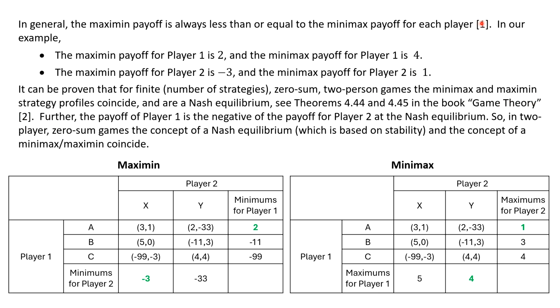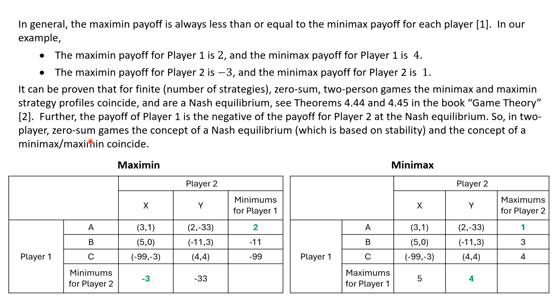So I'll put references 1 and 2 in the information for this video if you're interested. Further, the payoff of player 1 is the negative of the payoff for player 2. This is under this condition here, not for this. This is not a zero-sum game. So the payoff for player 1 is the negative of the payoff for player 2 at the Nash equilibrium.